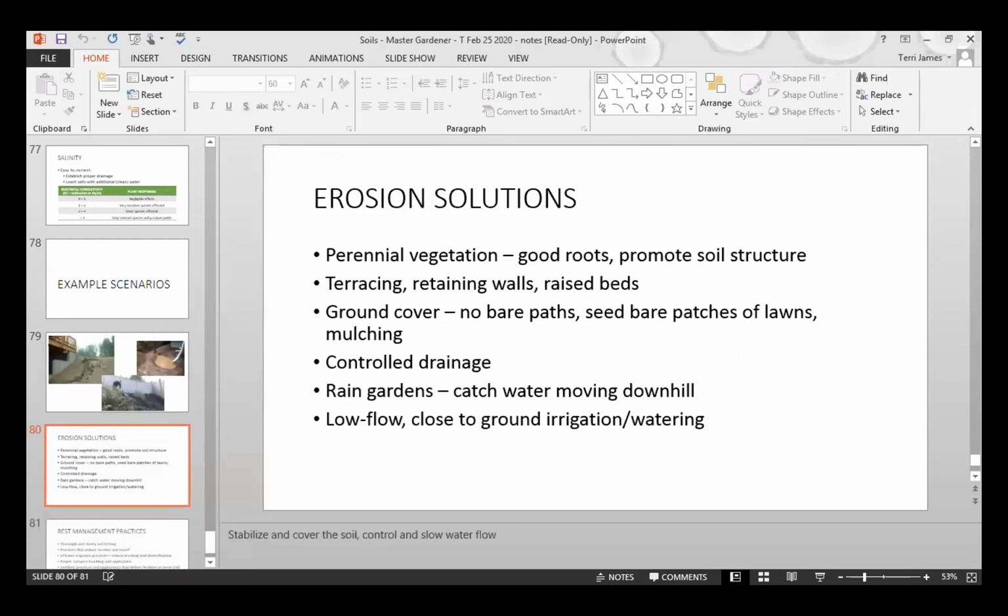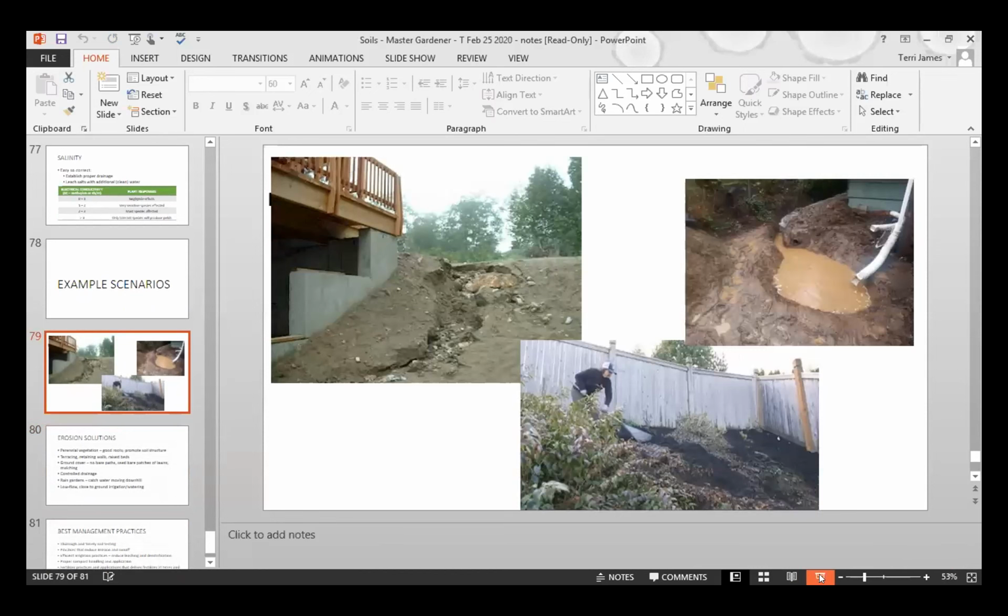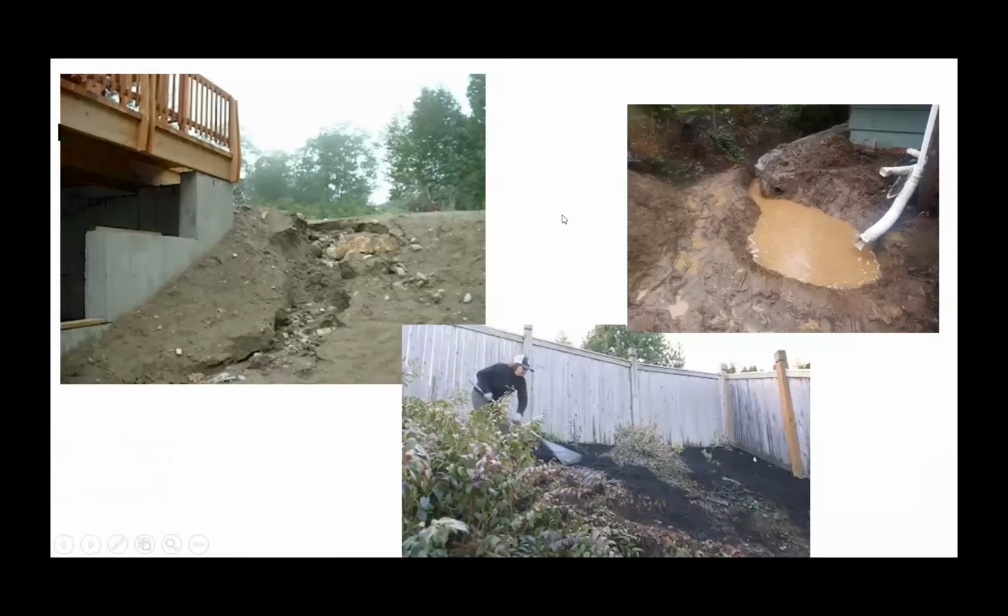I just had some erosion photos to show, so we'll go over those real quick. These are the extreme cases of erosion we tend to see in urban areas, especially when we build structures, so you have an impermeable surface. Those can be harder to fix, but if you can plant there, even it out with some steps, that would be great.